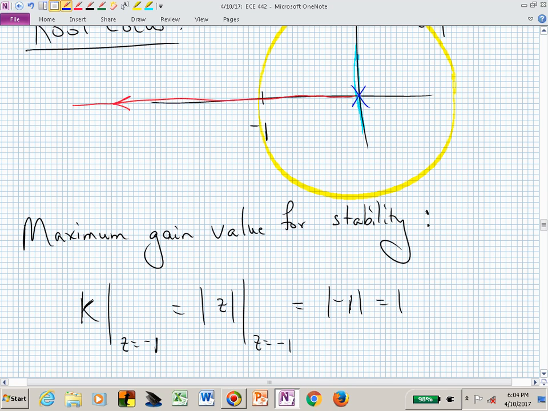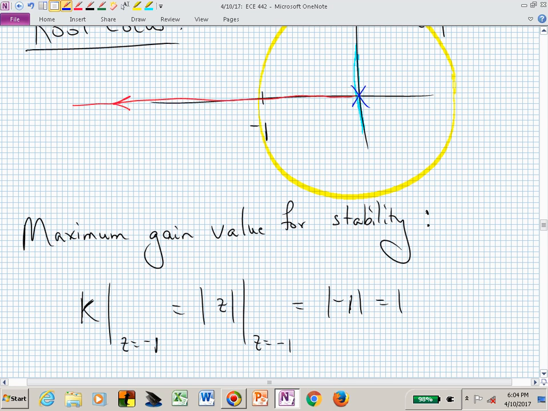The meaning of the arrow on the red line is the direction of increasing k. So now view that as adjusting k from 0 to positive infinity, and that's the direction of movement of my closed loop poles. And as long as I keep my gain k less than 1, I'm going to be living inside the unit circle.